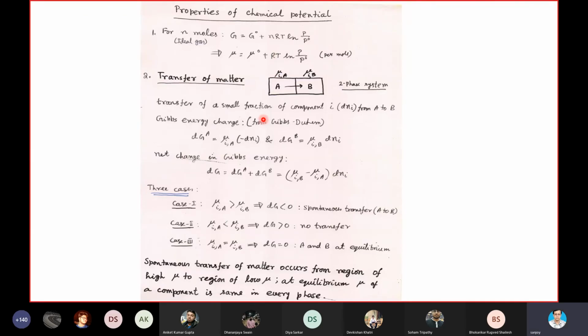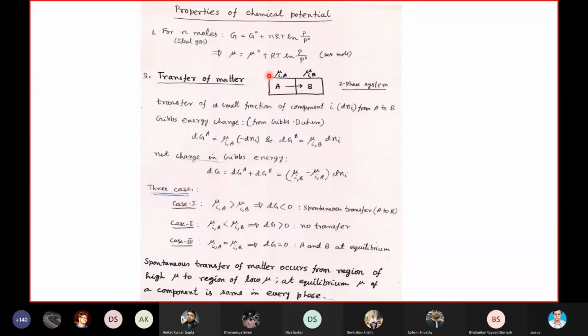Now consider a process that is happening in your system, for example the transfer of matter. It's one of the simple processes that we are looking at. Suppose we take a system with two phases, and each phase may contain several components.